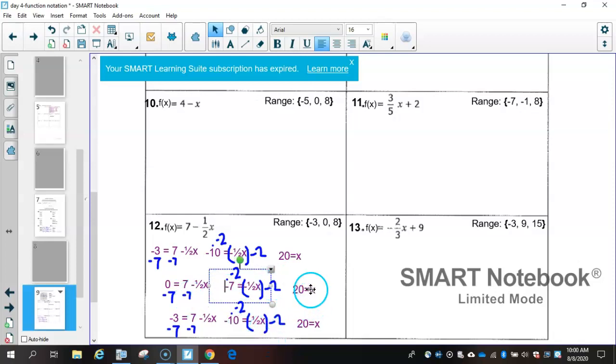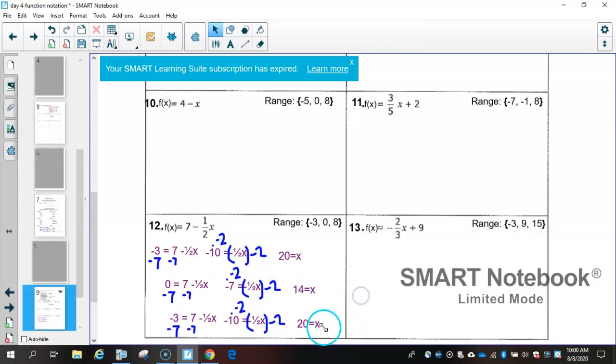And when we multiply that by -2, we end up with positive 14. And then to check that, we put 14 back in, so -1/2 times 14 is -7. 7 minus 7 is 0, so that works.